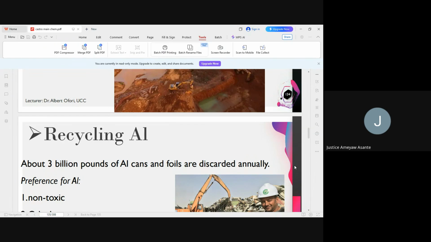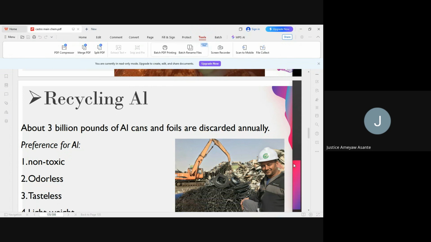So we want to also recycle the aluminum. About 3 billion pounds of aluminum cans and foils are discarded annually. So if you don't want to go and mine the bauxite, you can also recycle the cans, to also get our aluminum metal and go and reuse it.